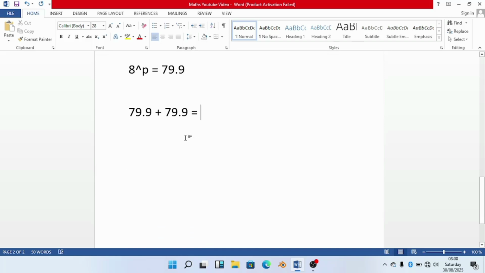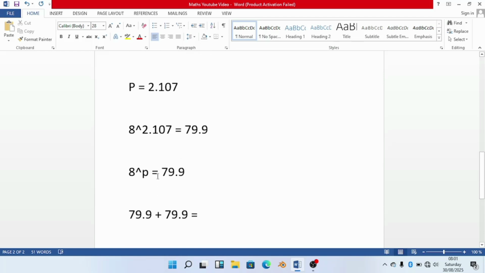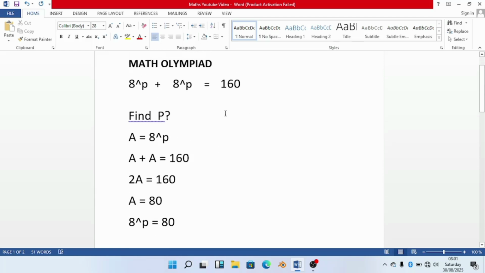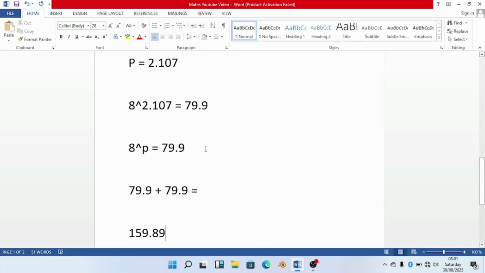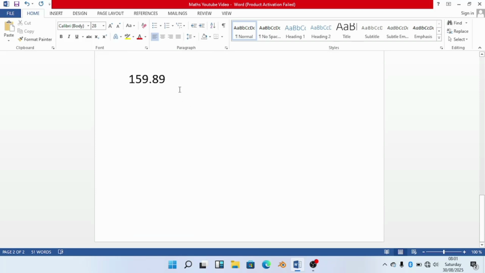Logs will give you things approximate to themselves. So even though it won't give us 160, it will give us like 159.89, or rather 159.99. So this is the answer. That's to tell you that 159.89 is relatively close to 160. So p is 2.107. So that is it for this video.